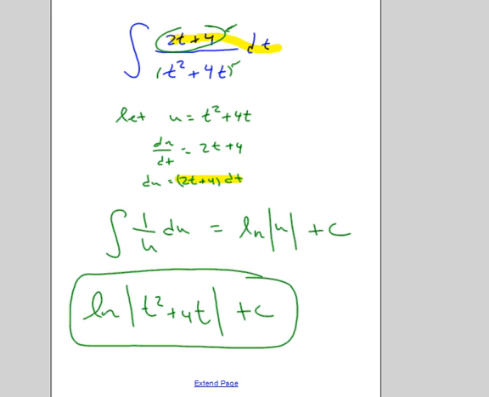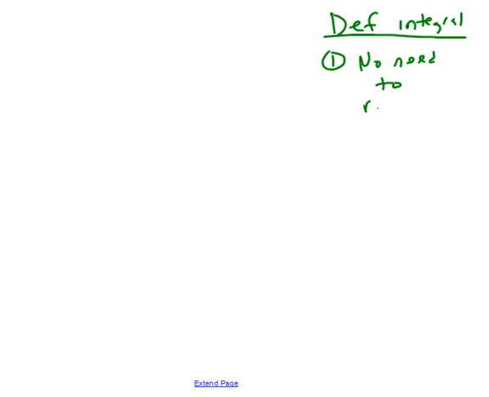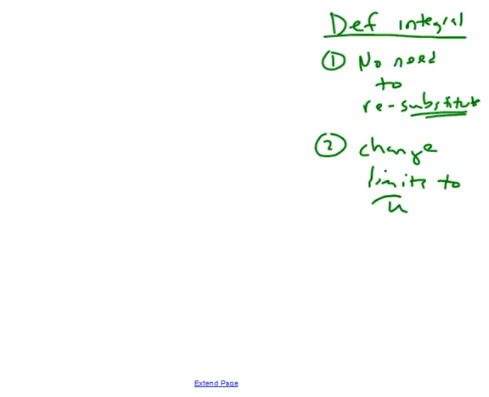have limits of integration. In this example, when you have a definite integral, there is no need to resubstitute. Just change your limits to u.